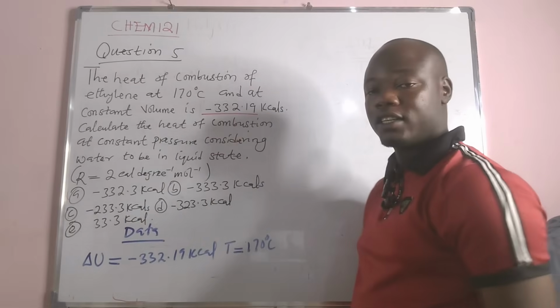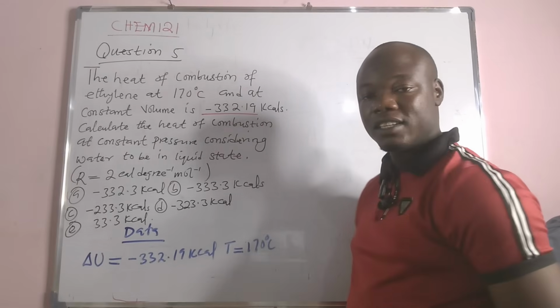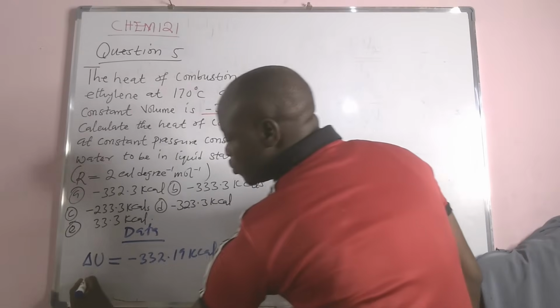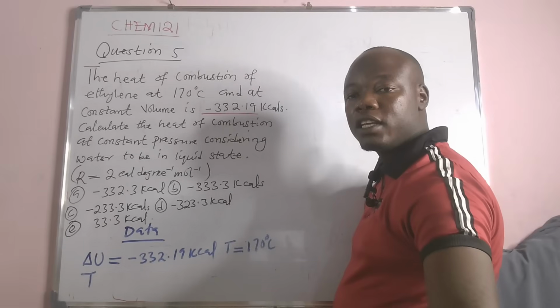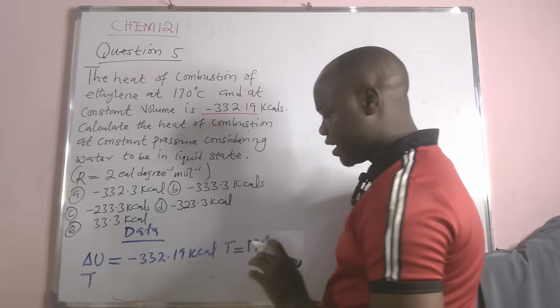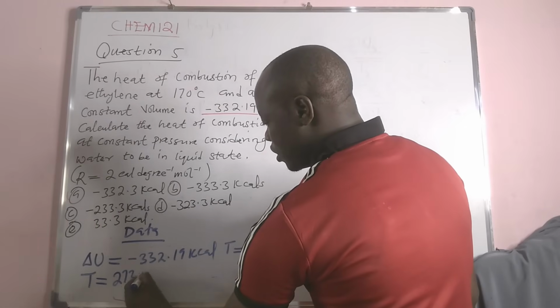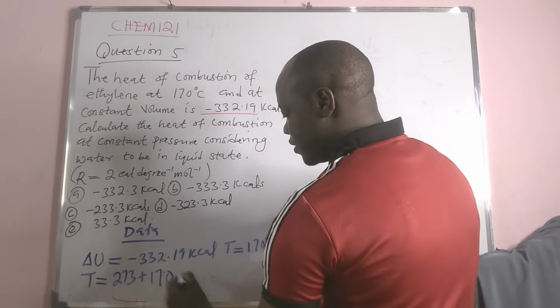And then the temperature is given as 170 degrees centigrade. Then we have to convert this temperature from degrees centigrade to Kelvin. And how do we do that? The temperature in Kelvin is going to be 273 plus 170.